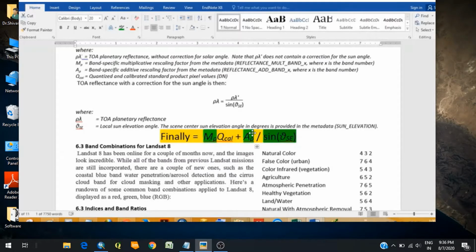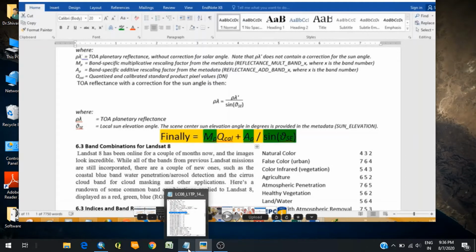Both these values are available in the metadata file which is downloaded along with the satellite image. Then QCal is the standard product pixel values, the DN values of your image, and SE here is the local sun elevation angle. This value is also present in the metadata file.